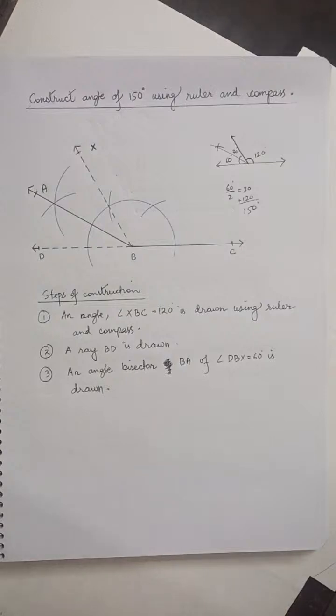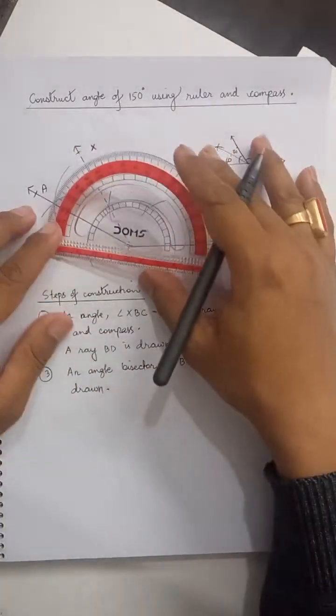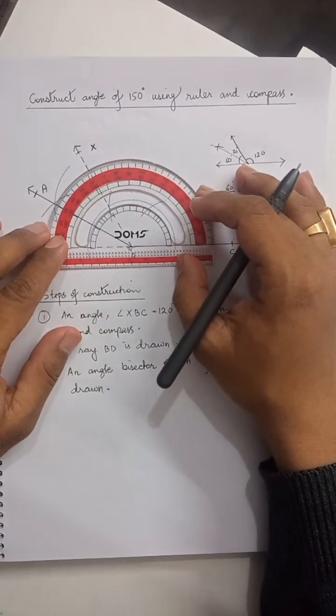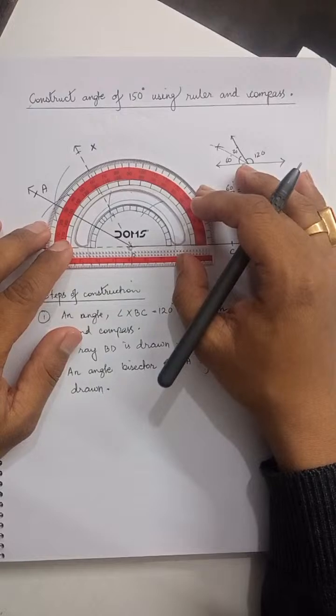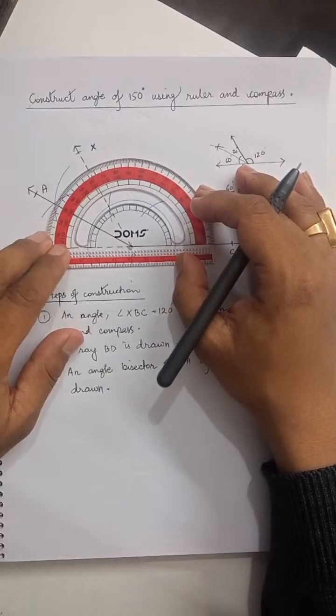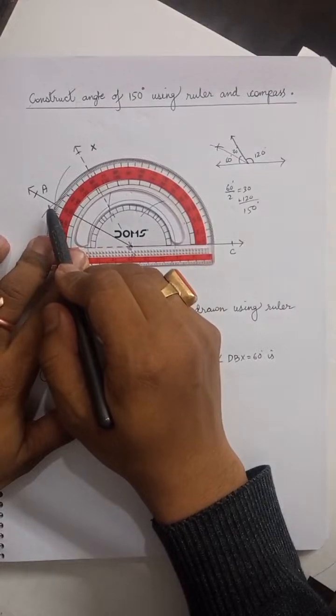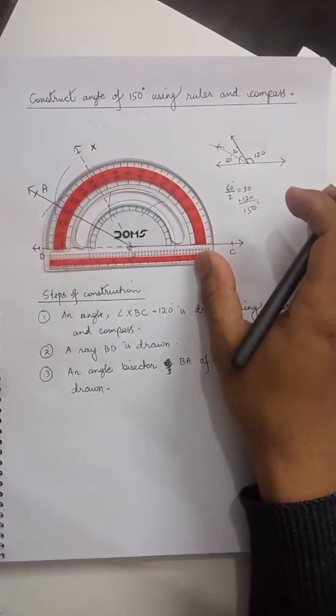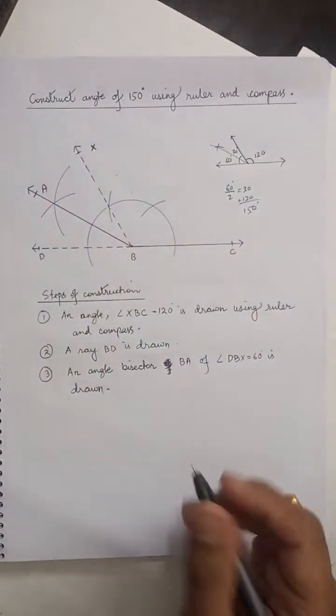So let us measure the angle ABC and see how much it is. Moment of truth. Yes, this is exactly 150 degrees.